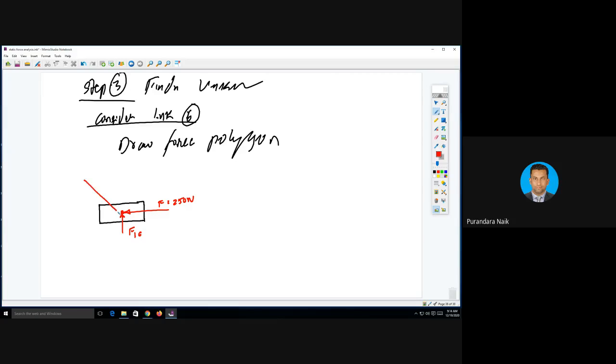Next is F56. I don't know the magnitude, but the direction of F56 is alpha, equal to 27 degrees. So by using this, you can draw the force polygon. I'm going to draw it now.